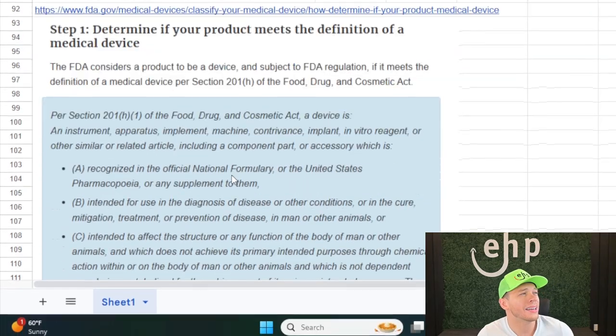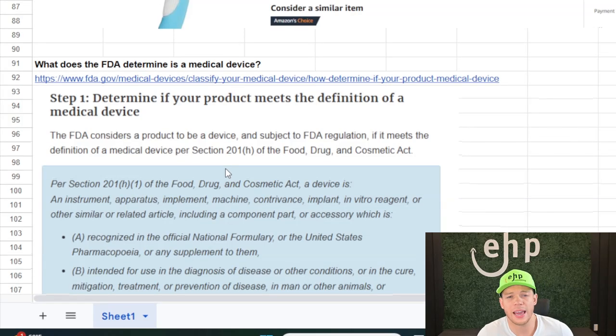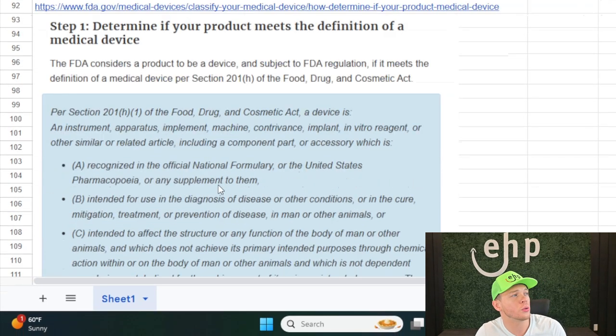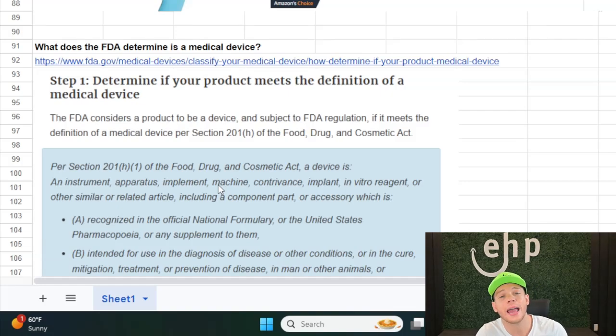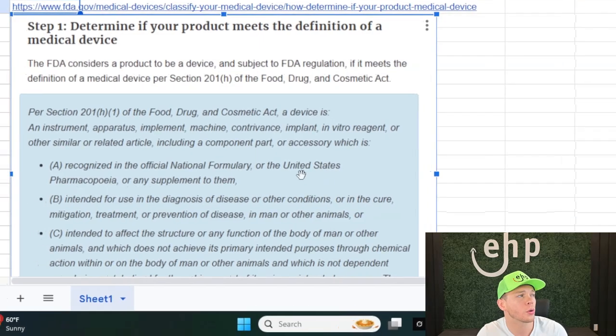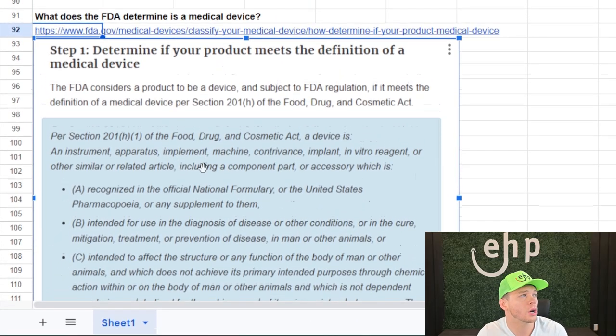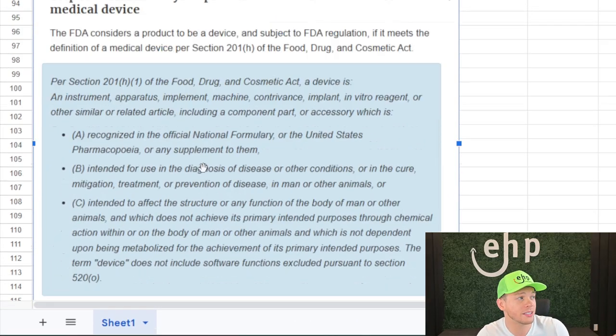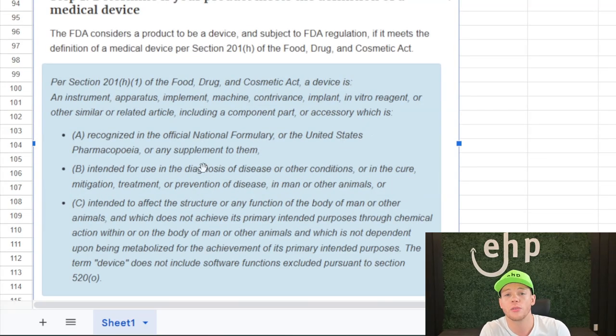So what is FDA 510K? Amazon pretty much thinks your product is a medical device. So the first thing you want to do is define what is a medical device. You can go to FDA and pretty much say, what's a medical device? This is the professional definition, but I'm going to give you my definition.